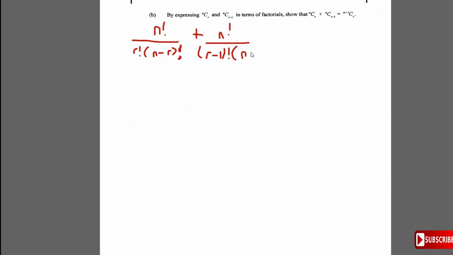And n minus r minus 1 is going to be n minus r plus 1 factorial.